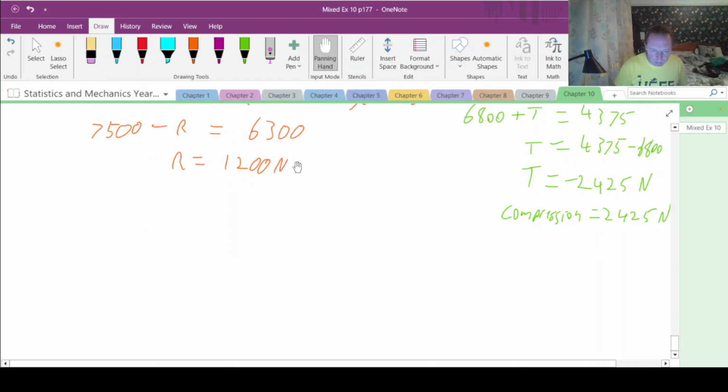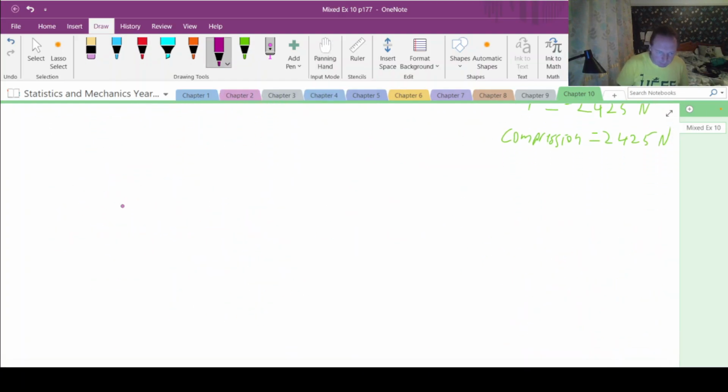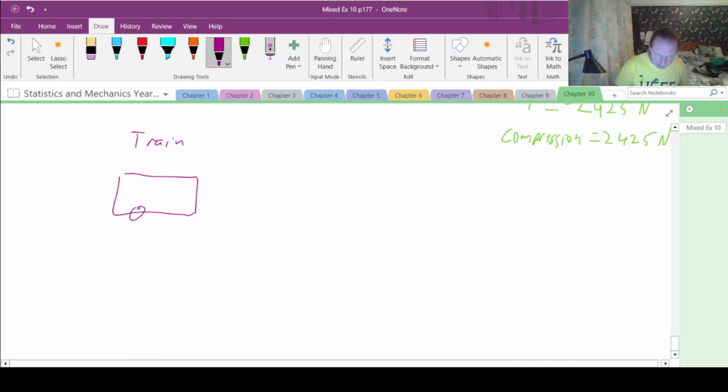So let's consider a diagram again. Okay, so we've got a train. Let's simplify it down this time. Which was 2,500.